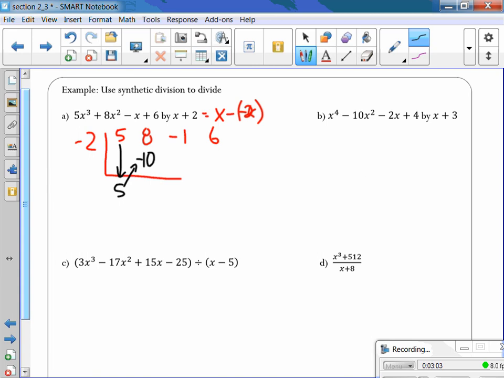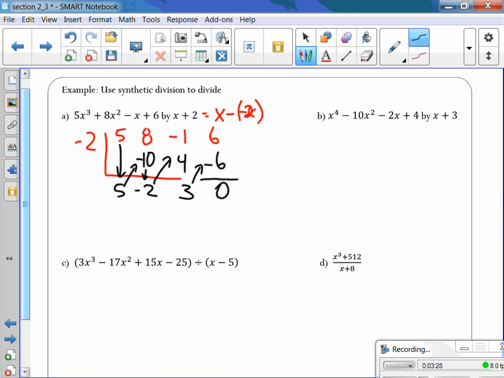And now we're just adding. 8 minus 10 gives me that negative 2. Diagonal again, negative 2 times negative 2 gives us a positive 4. Negative 1 plus 4 giving me a 3. Diagonal, 3 times negative 2 gives me that negative 6, ending up with a remainder of 0.